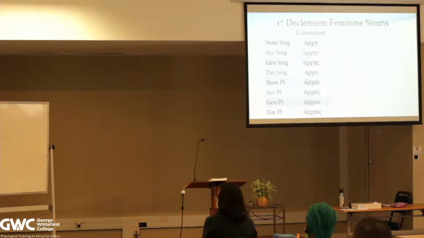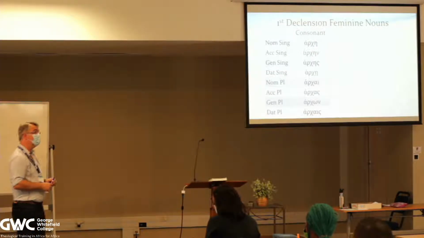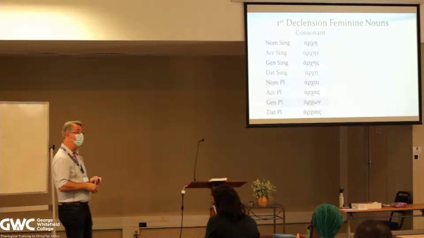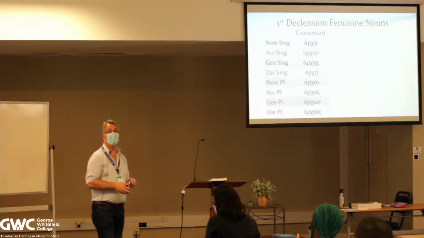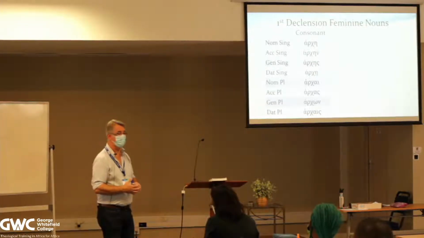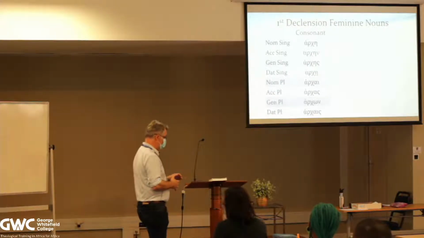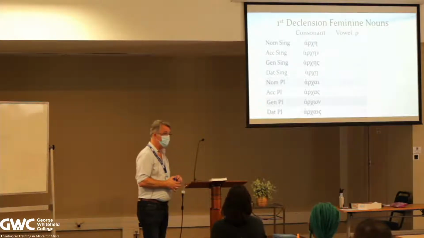No problems. If, however, the stem of your first declension feminine noun happens to end in a vowel or a rho, then things change a little bit. We've got a slightly different little paradigm for it.